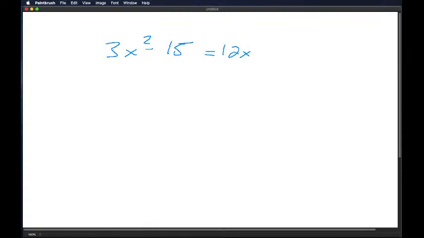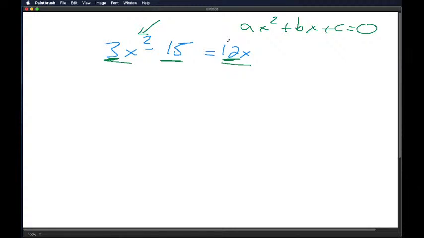So you guys should notice this one here. It's a quadratic. We have the x squared term, right? So I know it's some sort of quadratic problem. Specifically, you have 3 terms. I taught you guys that the general form of quadratic looks something like this, right? ax squared plus bx plus c. So here's your ax squared. Your bx is on the other side, and your c is your negative 15.